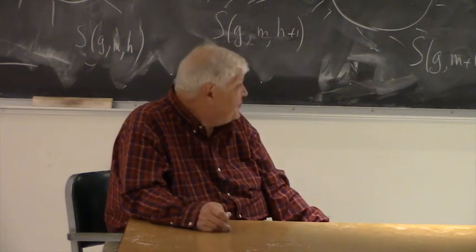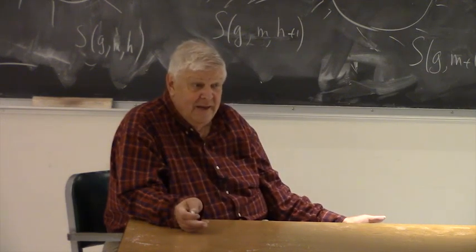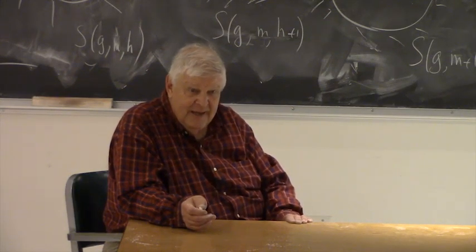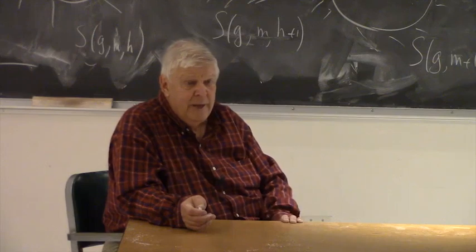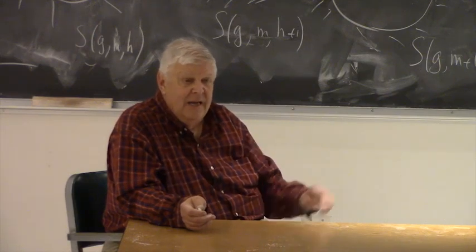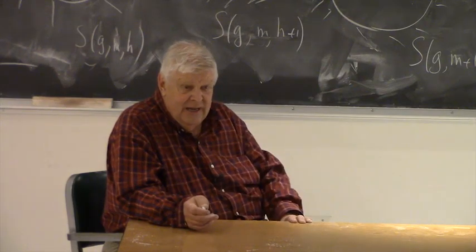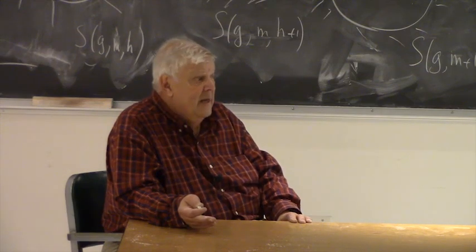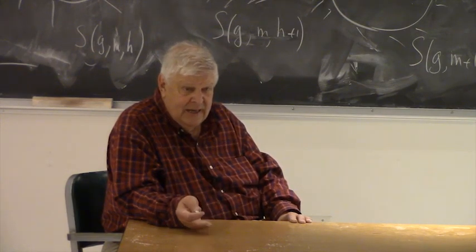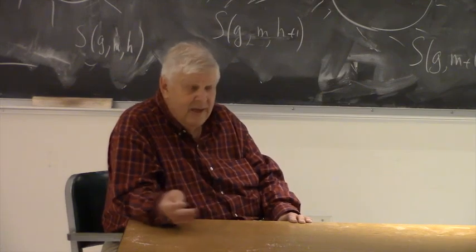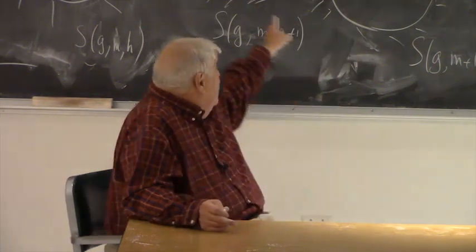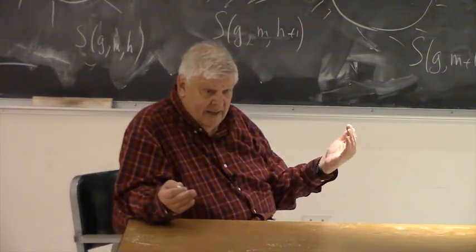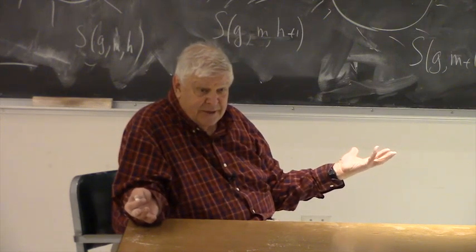And m becomes more by 1. So this is what happens in this case. You can check, by the way, that if we had a disk, S, 0, 0, 1, one hole, and attach a Möbius band in this way, attach a handle shown by this, we get the Möbius band that is usually constructed.